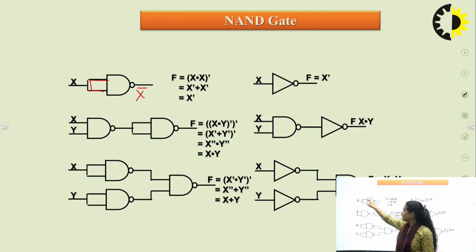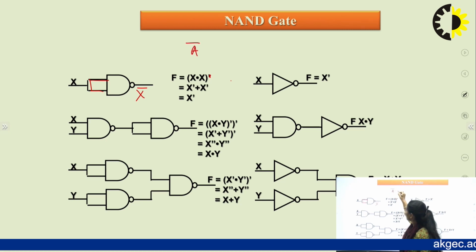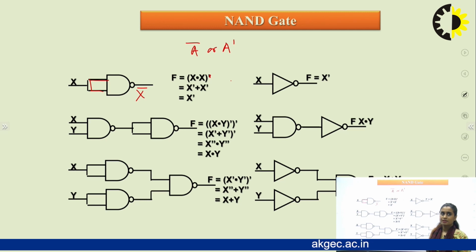I have to perform the AND operation first, then complement it, and then it will give me NAND, right? So X dot X is AND, and this symbol represents complement, or I write this or I write this. It's one and the same thing. It means the complement. So the AND operation is X dot X, and X dot X whole bar is the inverse of it, which is NAND.